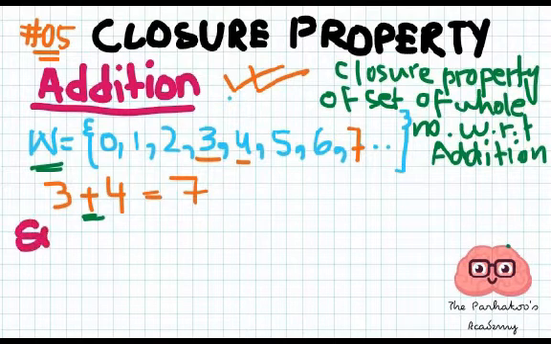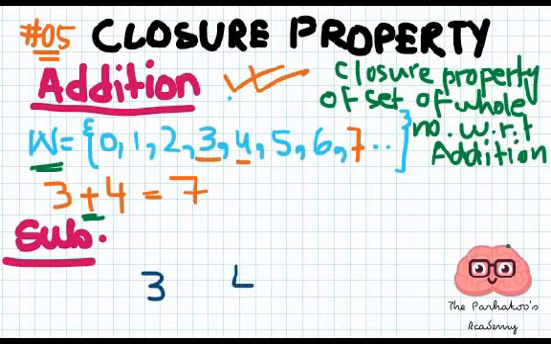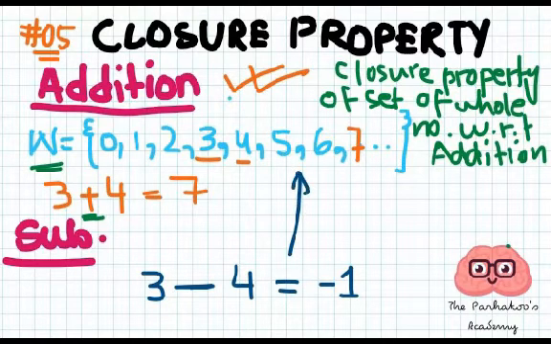Now let's see for subtraction. If I take the same numbers 3 and 4, but this time I subtract, then 3 minus 4 would give us -1. Do you think -1 belongs to the set of whole numbers?